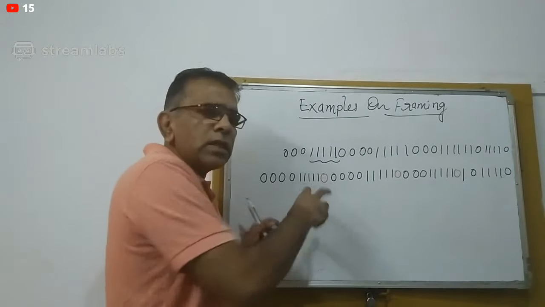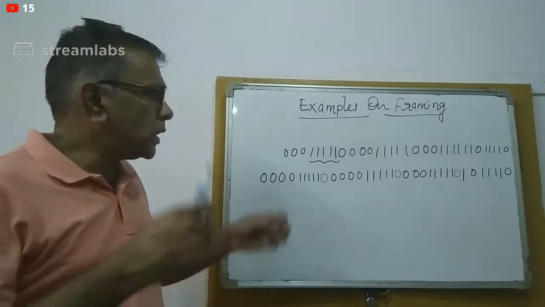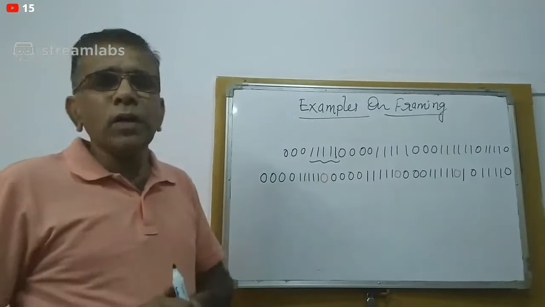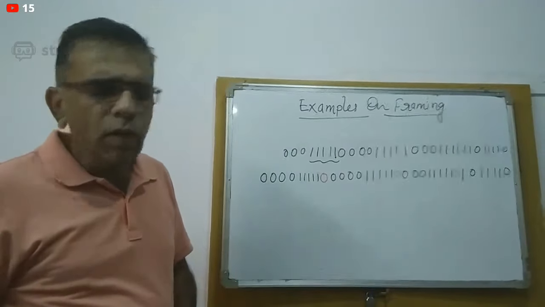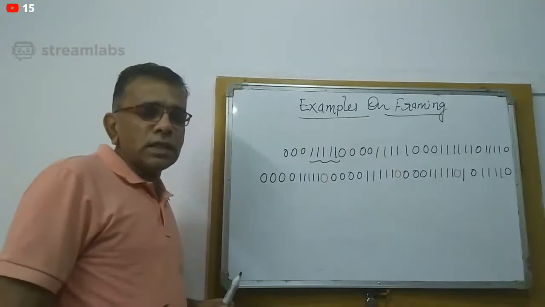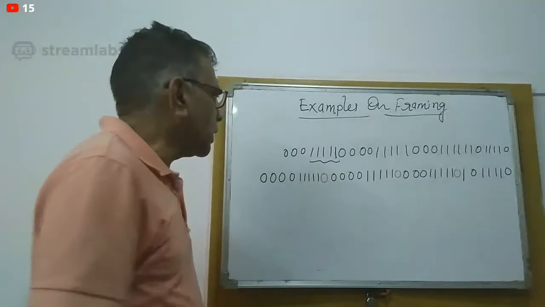For that reason, we provide a tool of bit stuffing to the receiver, so that the receiver can identify these are part of the data. Now how exactly does the receiver deal with this type of stuffing at the receiving end? We'll take one example on that, how exactly the receiver will de-stuff it.